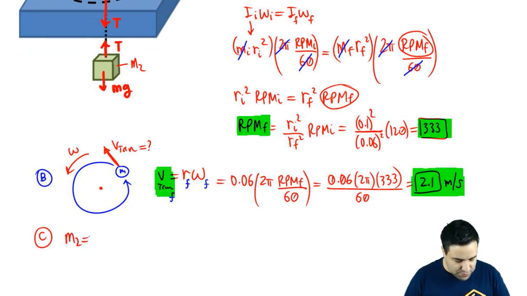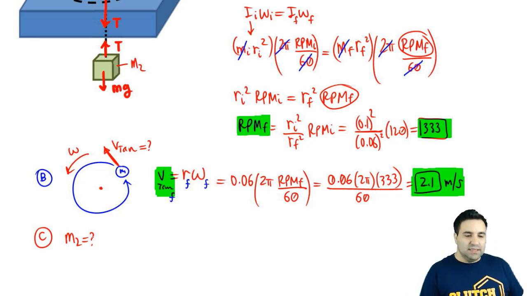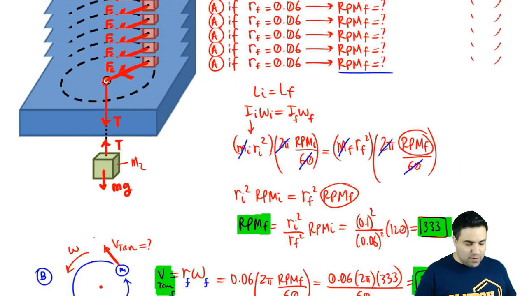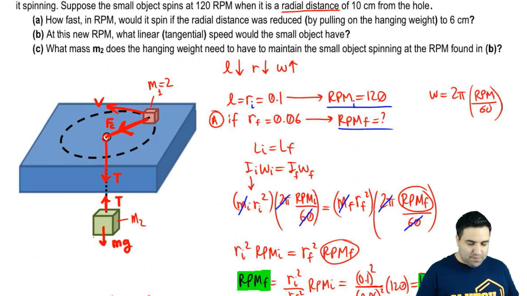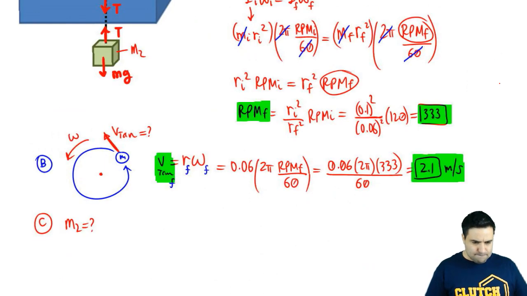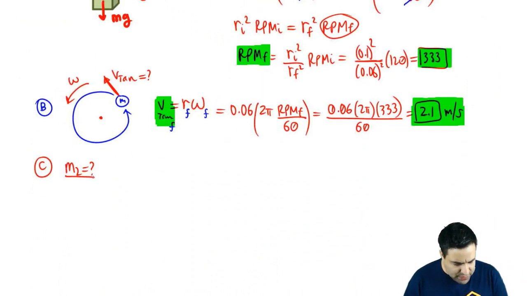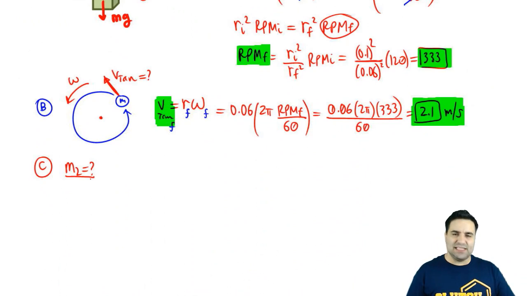So in other words, what is M2 to maintain the small object spinning at the RPM found in part B. Now, this is actually the RPM found in part A, right? The RPM found in part A. Okay? Cool. So what M2 do we need in order to give it that speed?